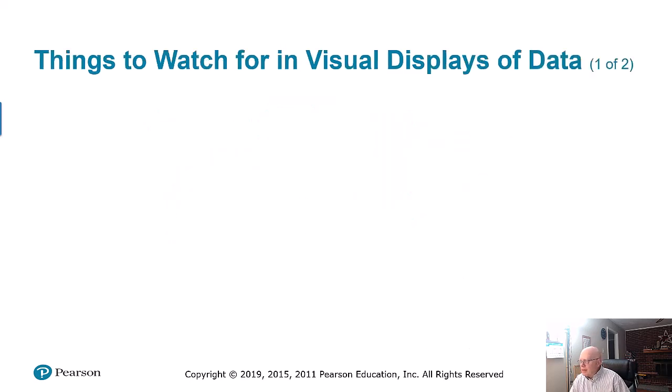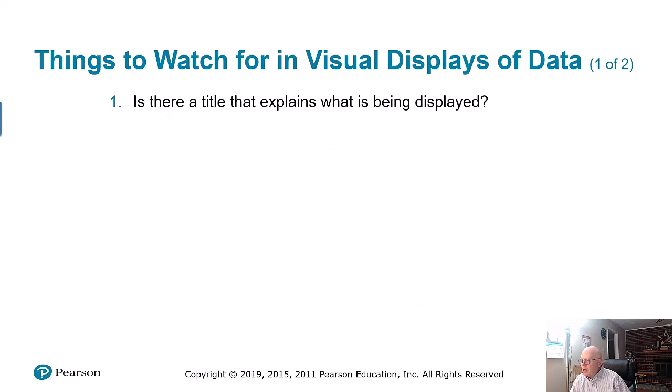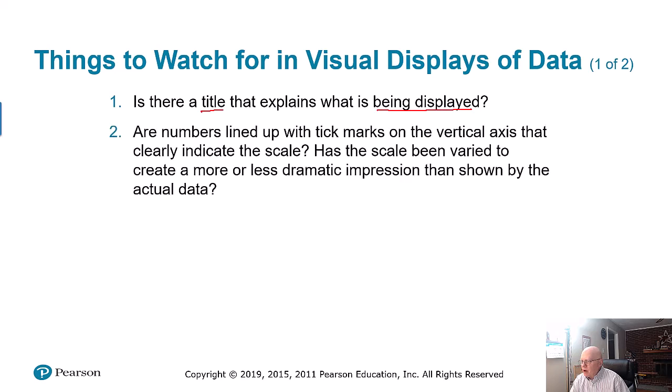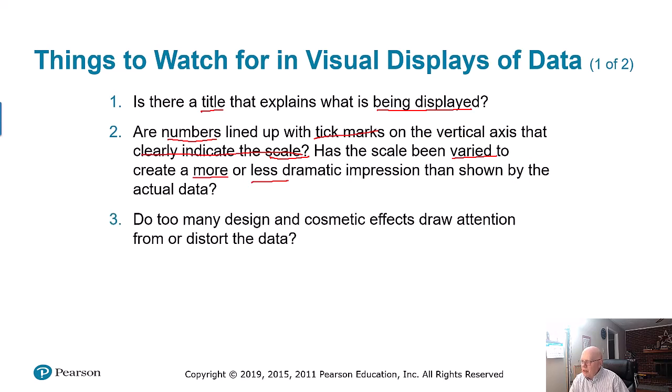So look for these first. Is there a title? There should be a title that explains what's being displayed. Are the numbers lined up with tick marks that clearly indicate the scale? You need to be able to see the scale. Has scale been varied to create a more dramatic or less dramatic impression, like we saw in the last example?